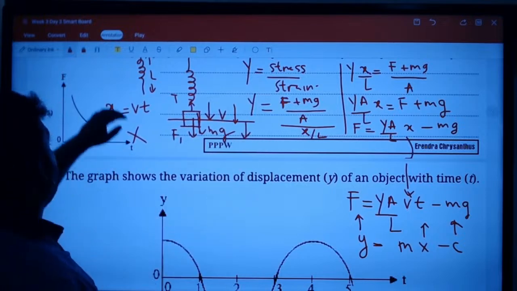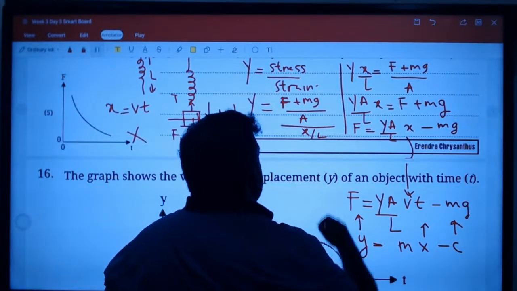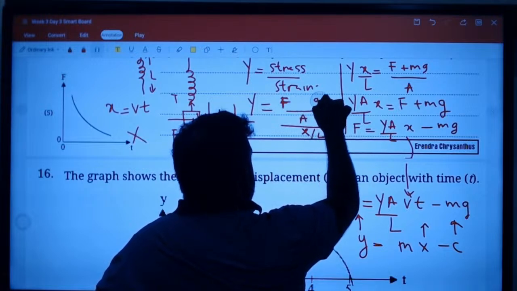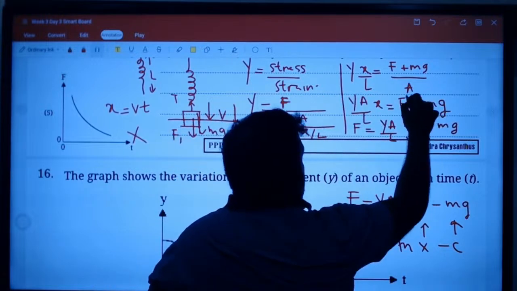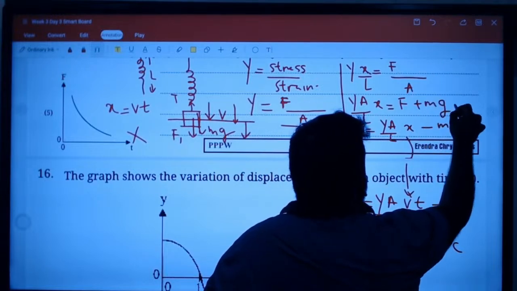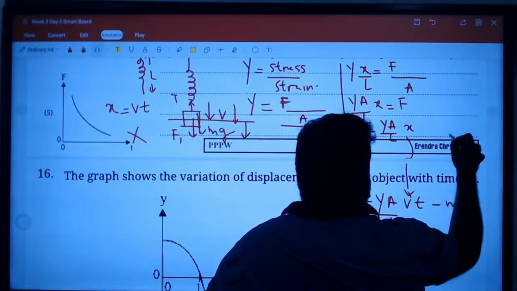So they are considering the extension from here. That means no need to consider the effect of mg.